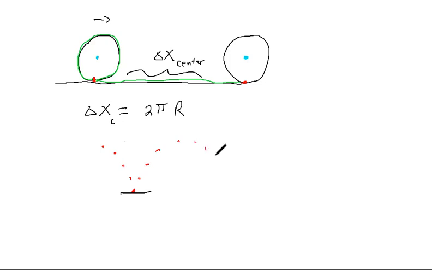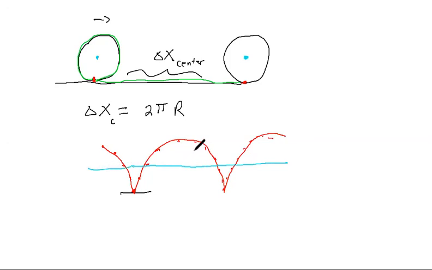If you had multiple turns, it would look like this over and over and over. So these are what I was trying to show in the video. This is what the red point would do, whereas the blue point would simply move horizontally, following a flat line. It doesn't move up or down.